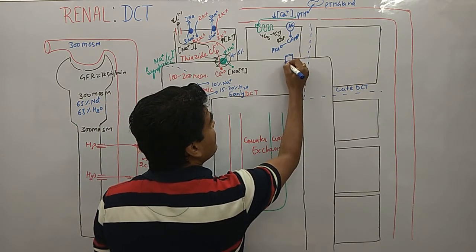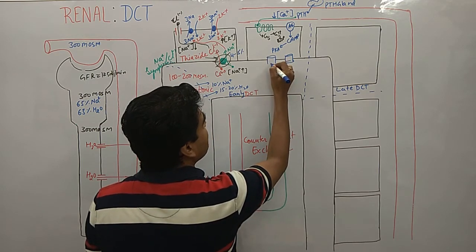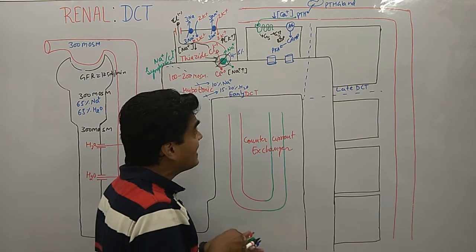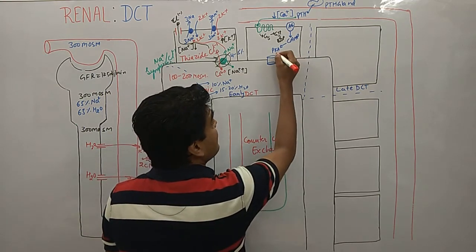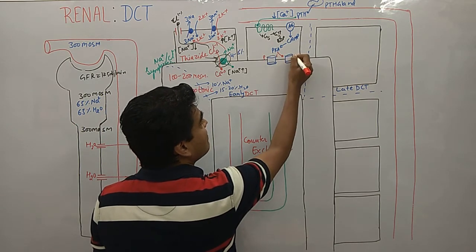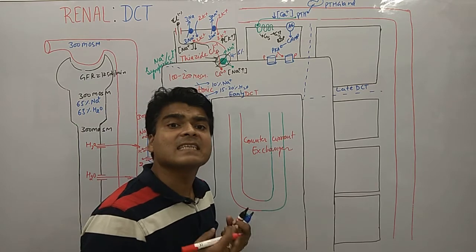These are basically calcium channels. So what will the calcium channel do? The calcium channels are phosphorylated by protein kinase A.